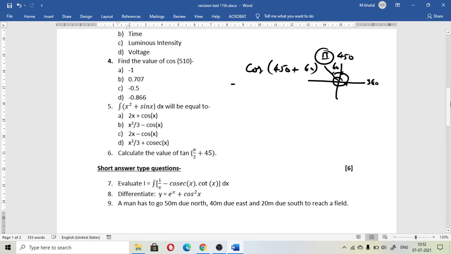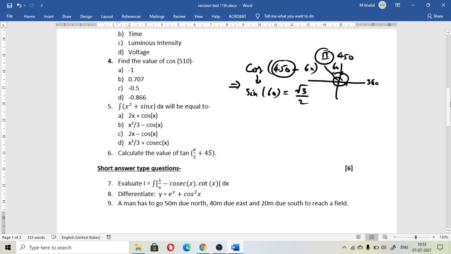We know that if this is an odd multiple of 90 degree, then we change the function. Cos will change into sine, and the remaining will be sine 60. What is the value of sine 60? It is root 3 by 2.